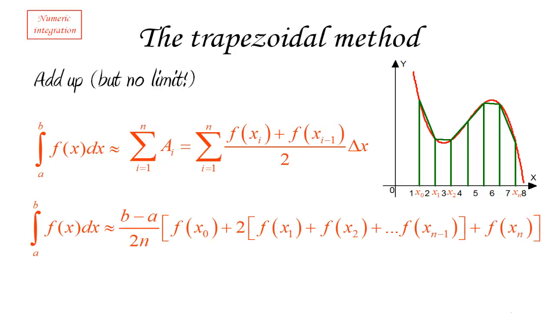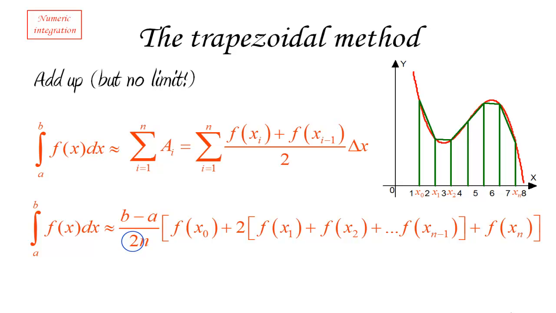Now let's look at this formula for a second. First of all, notice that in the denominator we have a 2, coming of course from the 2 in the denominator of the area of a trapezoid. But you can think of it by noticing that for each trapezoid, we need 2 of those xi points. Keep that in mind because that's going to come in handy for the next method. And then what do we have? The leftmost point x0, which is our old a, gets evaluated only once, at f of x0.